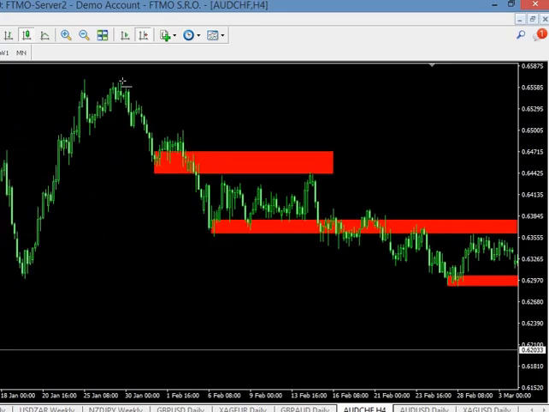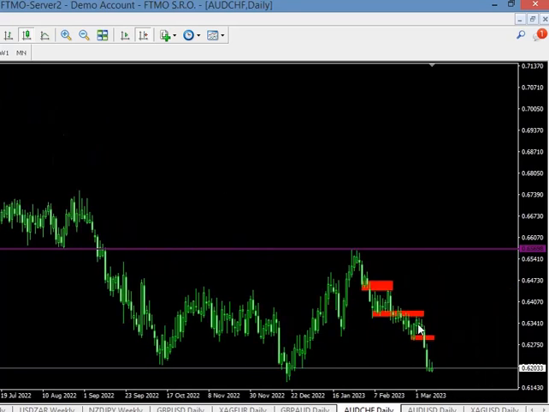Clearly, this was a supply zone on the 4-hour. If we look at the daily, still our supply zone.